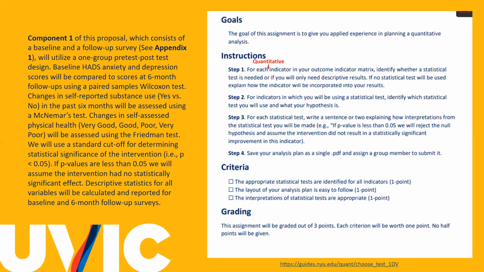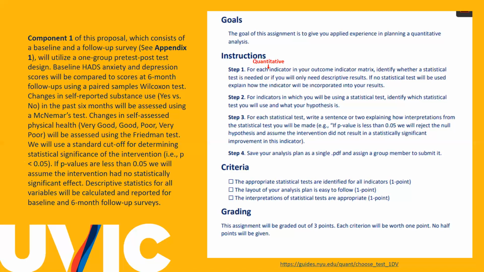If you think there's an important criterion that is going to influence the decision maker as to whether or not they want to continue your program, then you need to develop some sort of analysis plan for what's going to inform them to make that decision. Those are the indicators that I want you to select from your outcome indicator matrix or your impact indicator matrix. And I want you to think of what tests you're going to use there.